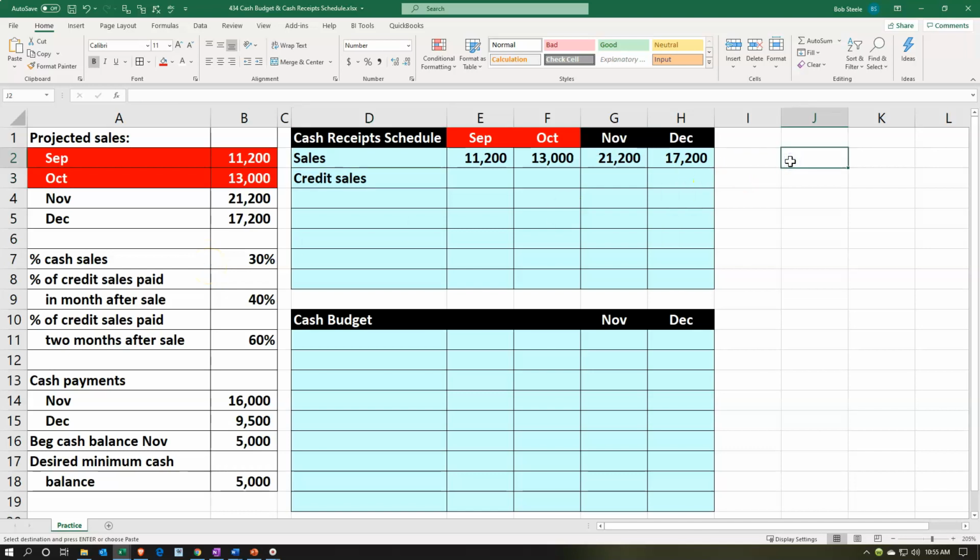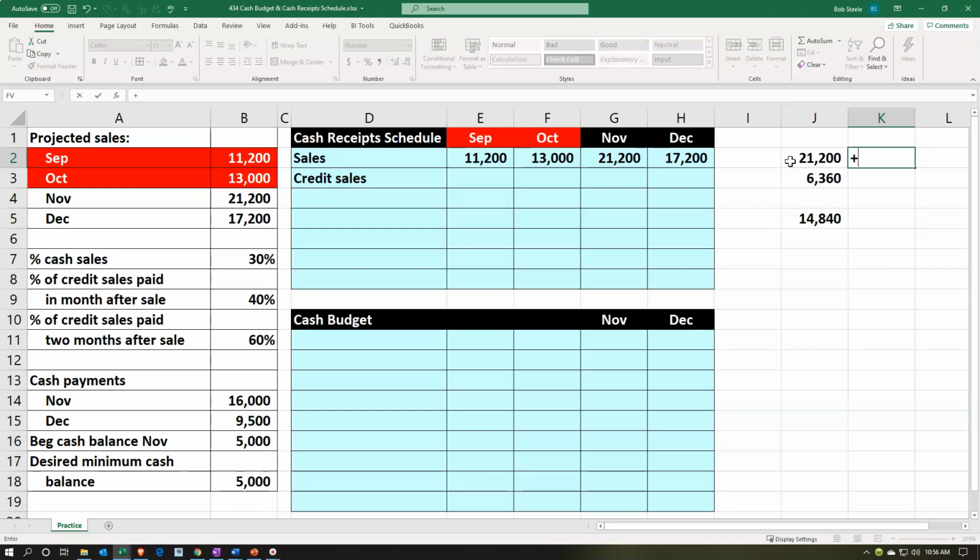Now, I want to do this with a formula. This is kind of obvious, but I just want to break this out and think about this with a formula. Now, we're focusing in on November. So if I had this November number, I could say, okay, well, I know that this number times 30% are the cash sales. So that means that this number minus this number are going to be the credit sales.